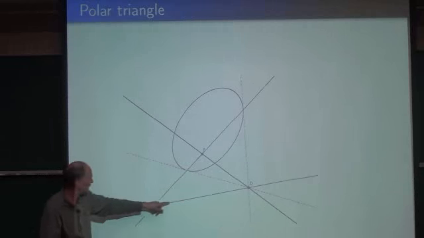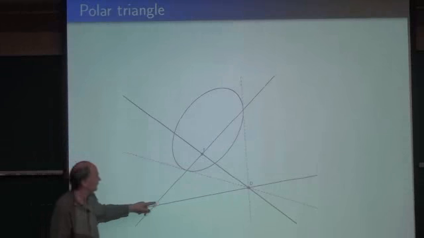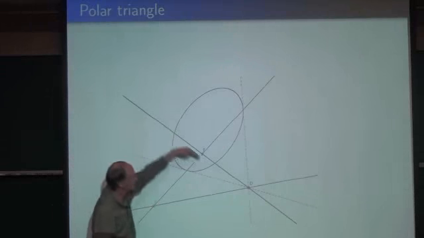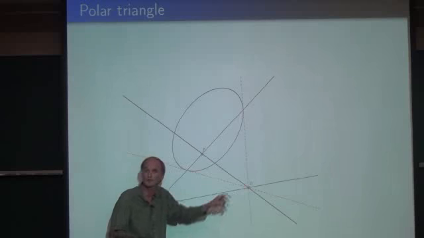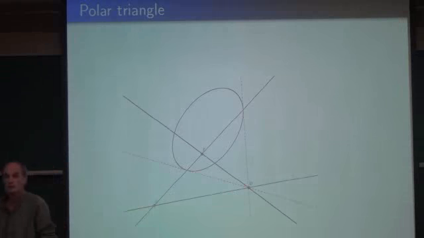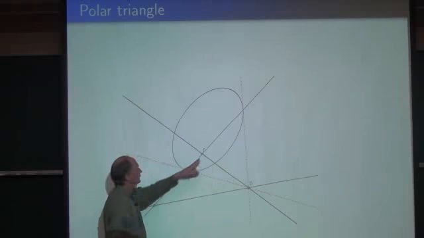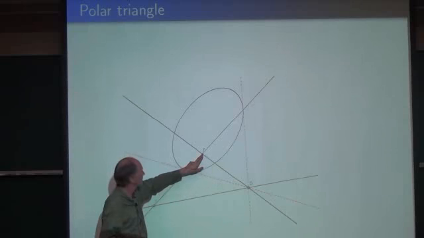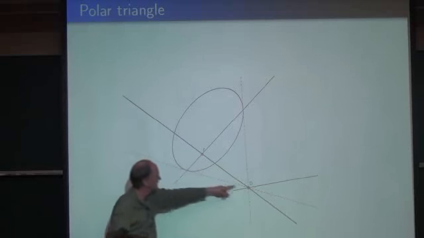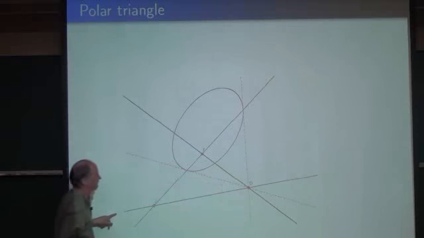If I take any point here, then the polar line will pass through the original point there. So this is the symmetry in the situation. And now when I have chosen these two, the third point is fixed. And the polar of that point is this line over here.